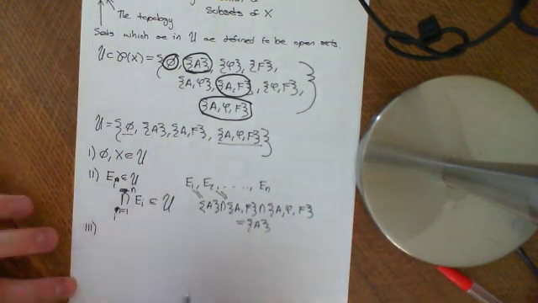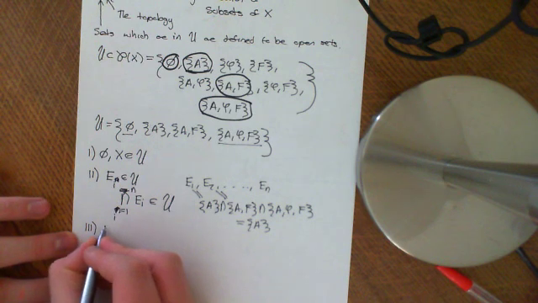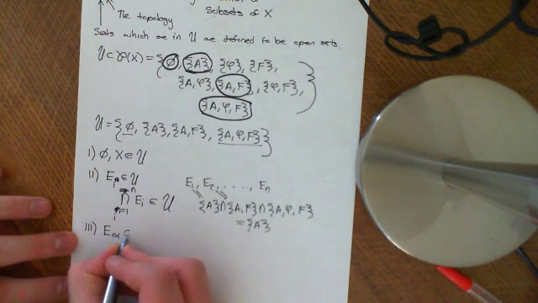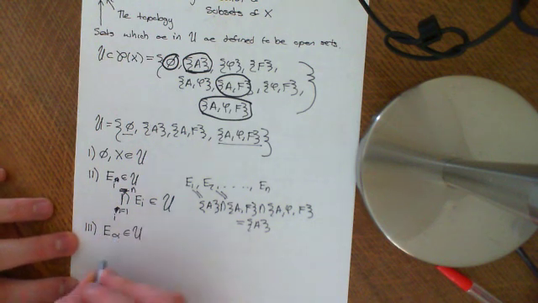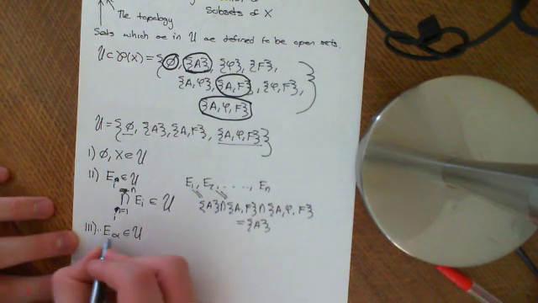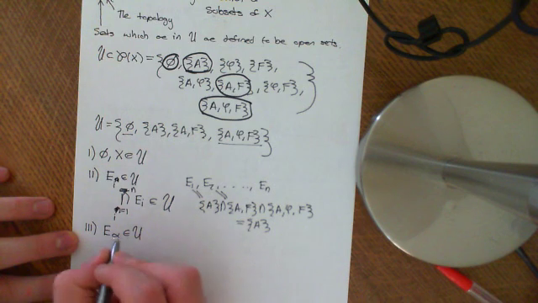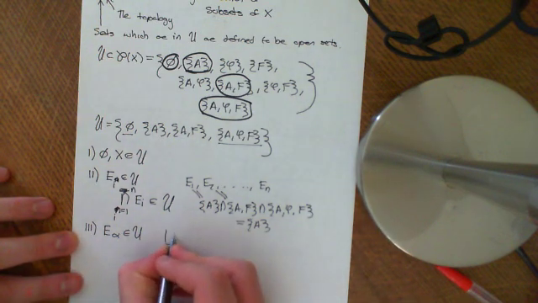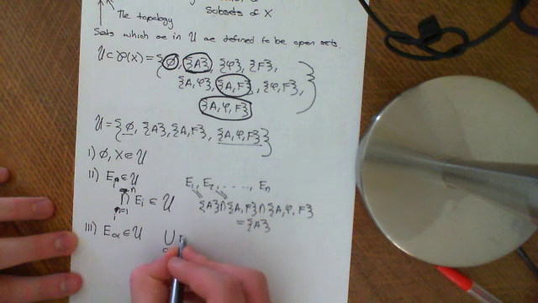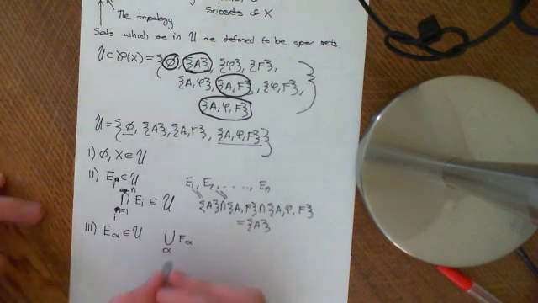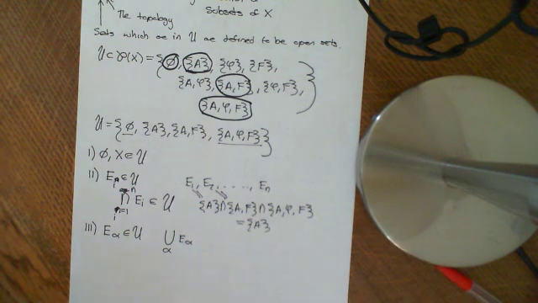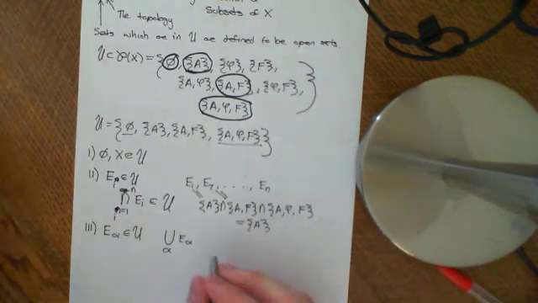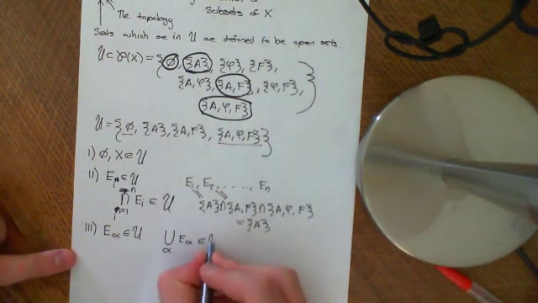Now the third axiom is that if you take E alpha, which are elements of your topology, and now it doesn't necessarily need to be finite, you can have countably infinitely many of these, you can even have uncountably infinitely many of them. If you take the union over alpha of all of these sets, it still has to be an open set.